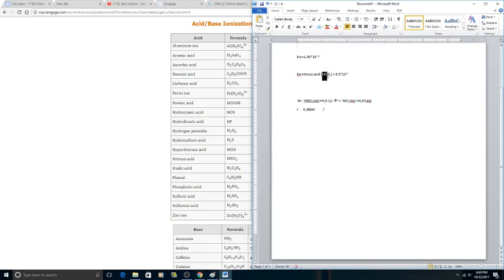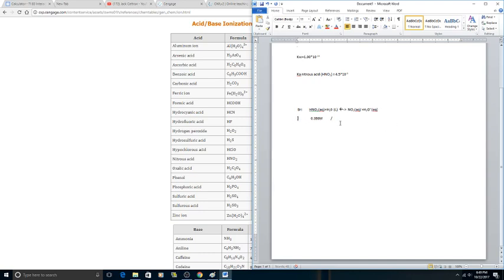So we have our chemical formula here, and then what we need to do is make our equilibrium equation. And so we know that HNO2 is going to dissociate in water into two different ions. It's going to dissociate into NO2 minus and H3O plus. So what we're going to do next is set up our table.